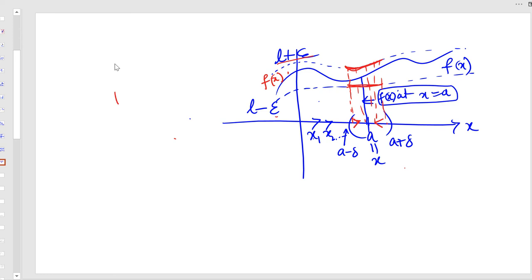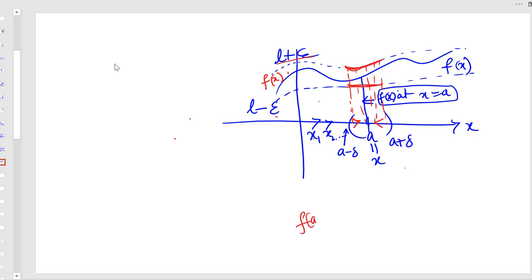Yes, tell me. A constant function, its limit is everything, no? At any point, it is the limit for a constant function.